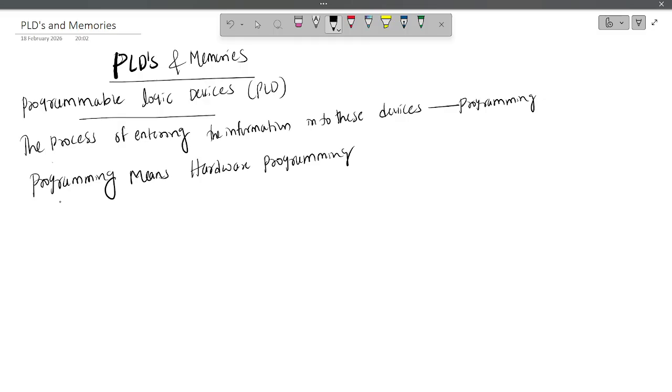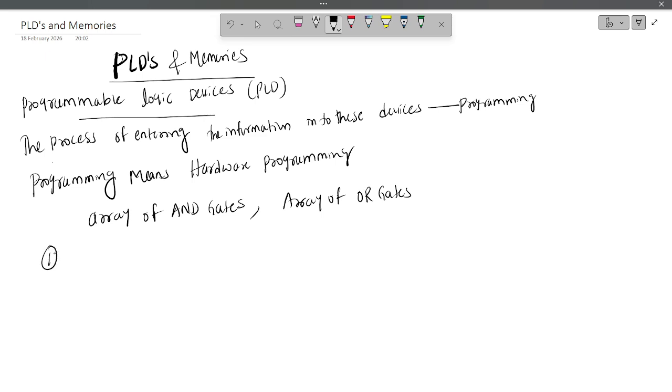So you have an array of AND gates and an array of OR gates. These are of three types.